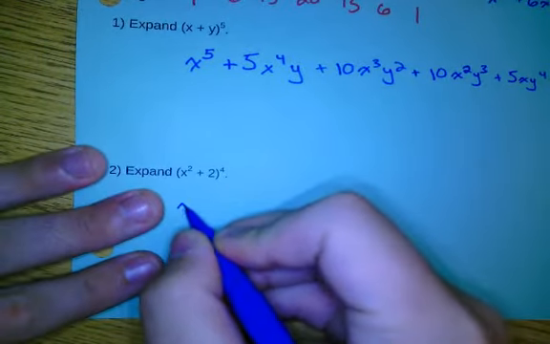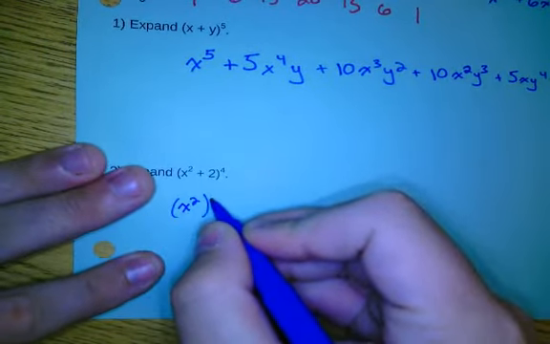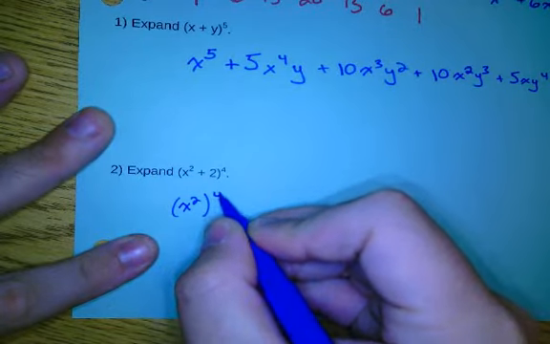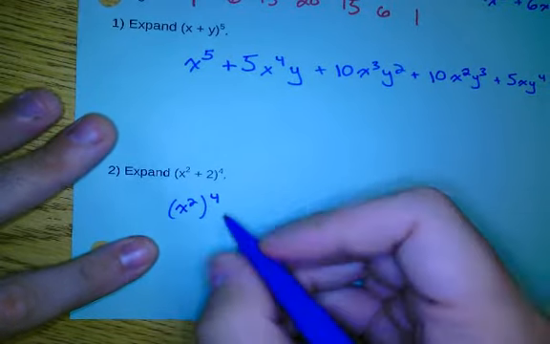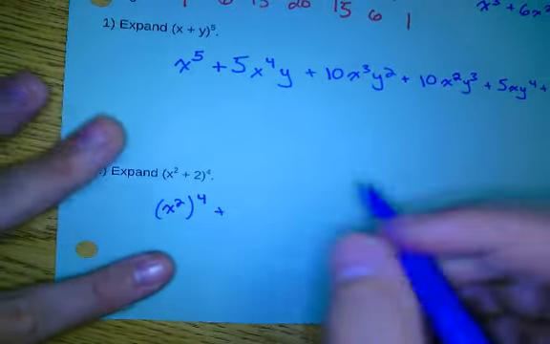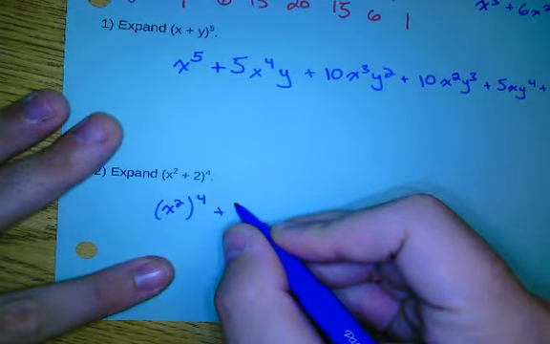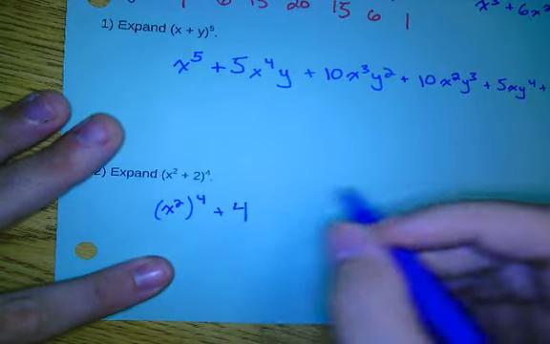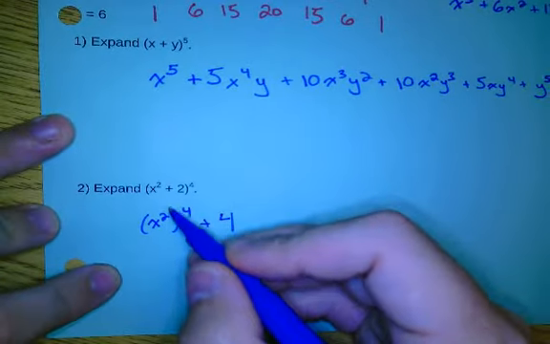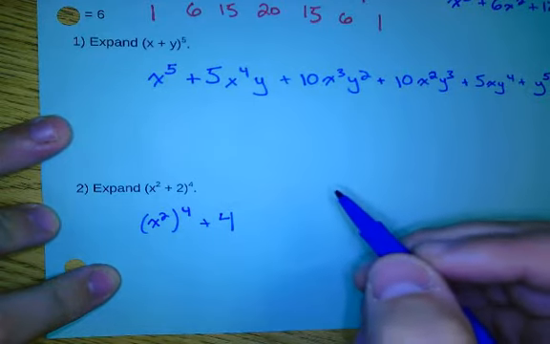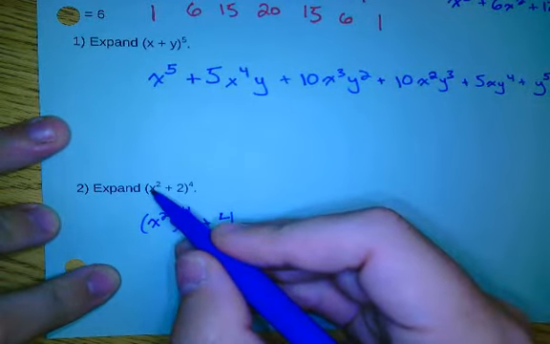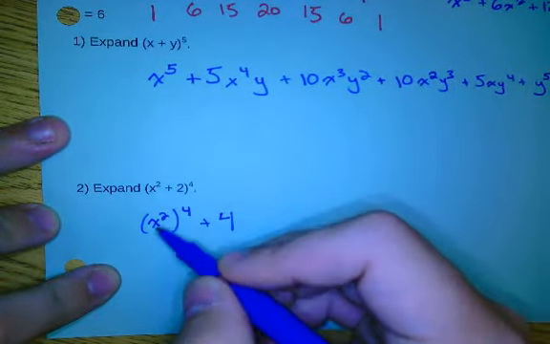So let's go through it. So this is going to be x squared to the 4th. Plus, what's the coefficient now? Hold on. We're going through it again. So you can do the first term to the 4th.